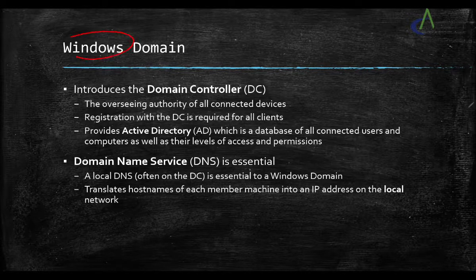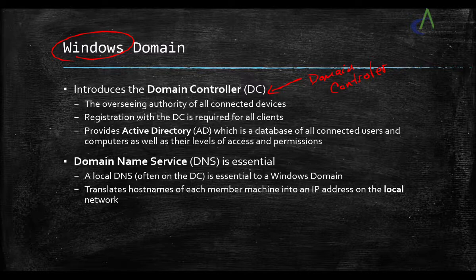In a Windows domain, we're introducing a couple things, specifically a domain controller. Right? A domain controller which provides the authority. It is a database of all users and all access.